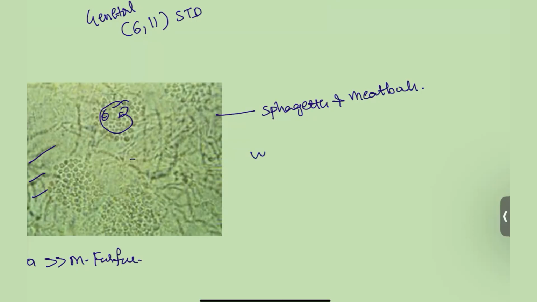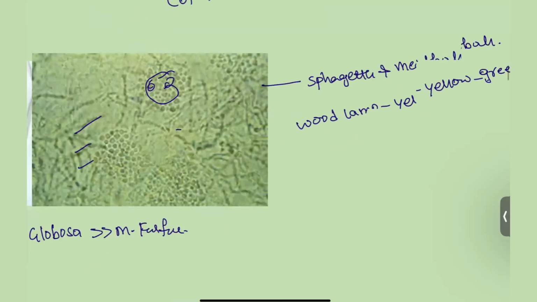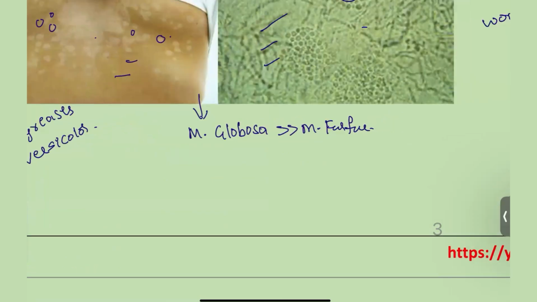And on the Wood lamp, you are going to see yellow-green fluorescence. Because Malassezia globosa, with the help of azelaic acid, is going to cause this pigmentation like syndrome.